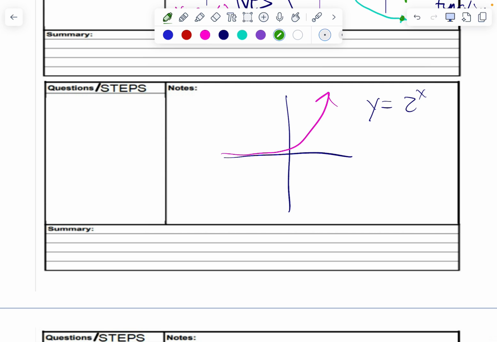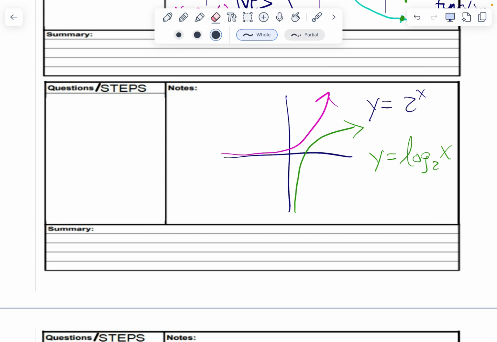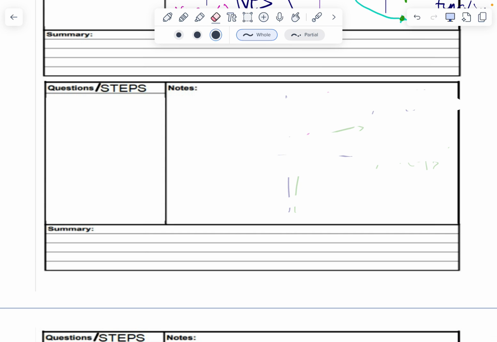And then the inverse or the opposite of that, we're getting into some weird stuff, is that. So the green one is the opposite of the blue one, and it does that. What's log? We can talk about it individually, but that's all stuff you'll learn in Algebra 2. It's cool stuff. Trust me, it's cool.